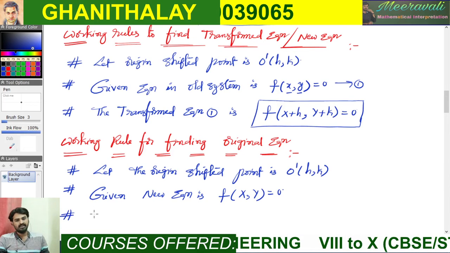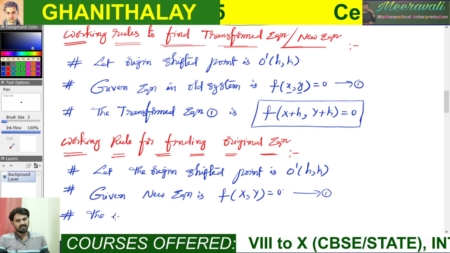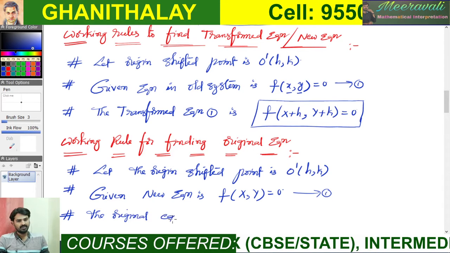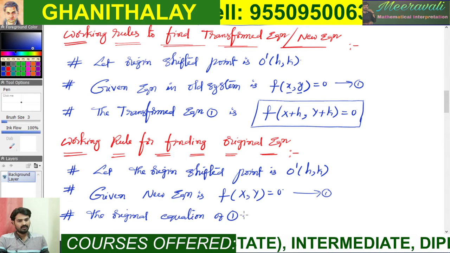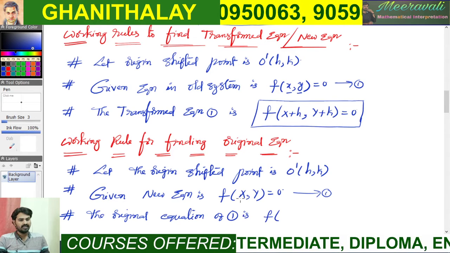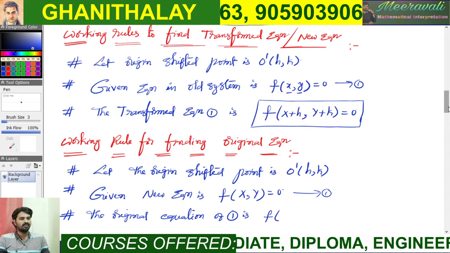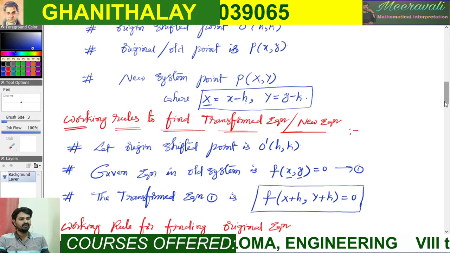Now finally let it be equation 1, the original equation, what we have to find. You can write capital X as small x minus h. That means we have the formula here, capital X is equal to x minus h, capital Y is equal to y minus k.